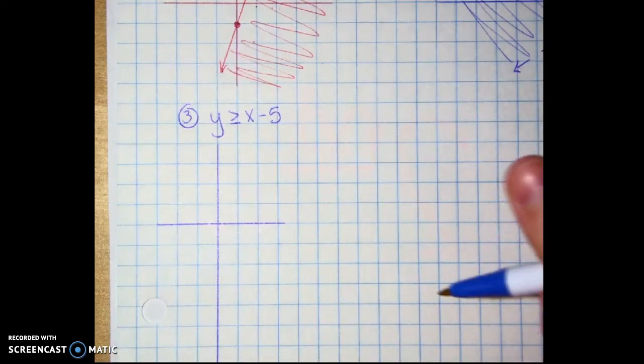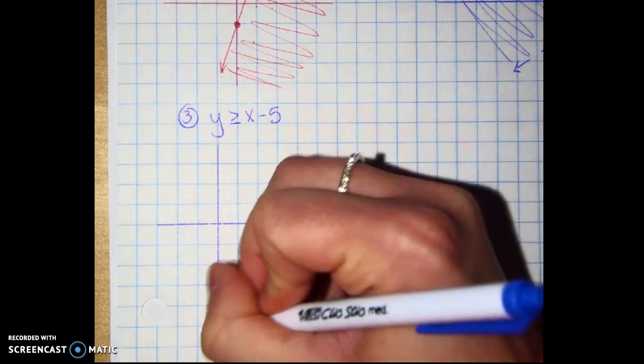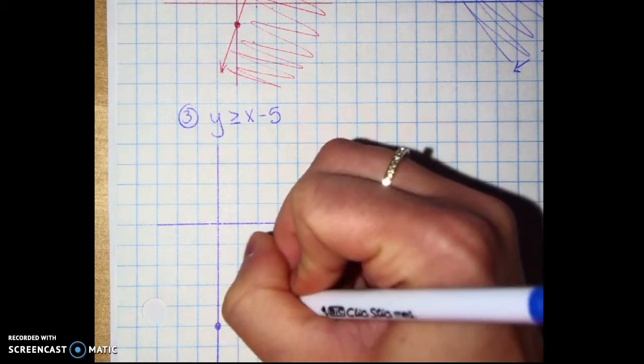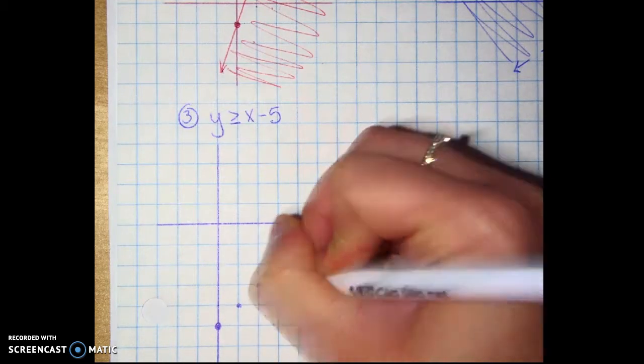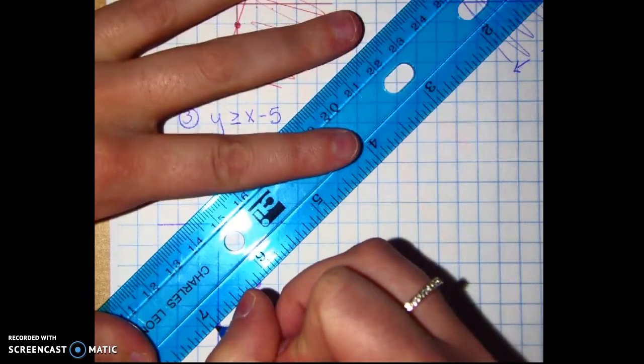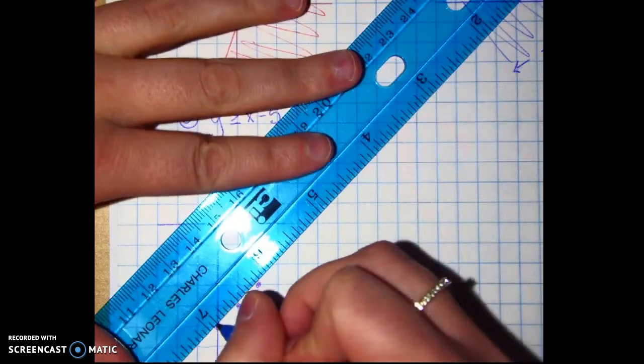Okay, so I start at -5. 1, 2, 3, 4, 5. And then from there I go up 1 over 1. And it is greater than or equal to, so it's going to be a solid line.